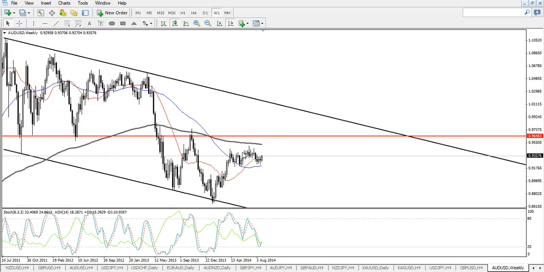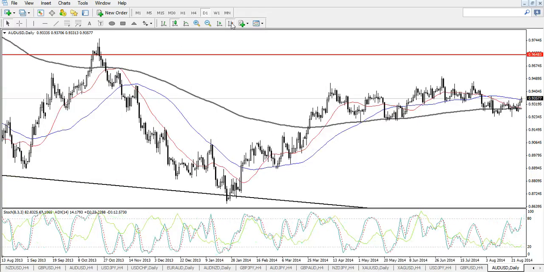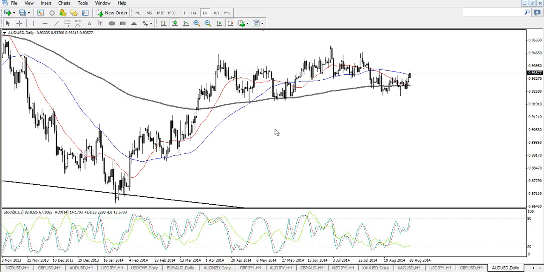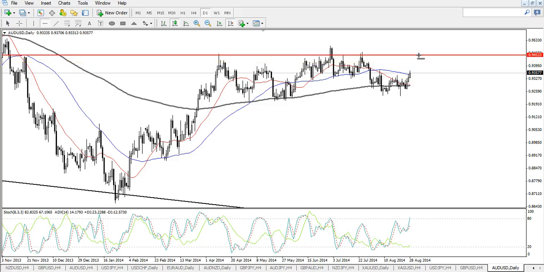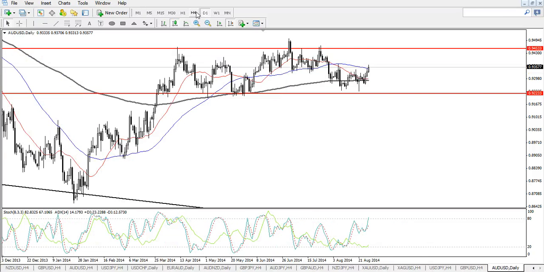So what's happening right now at this region is it looks like a range to me. So let us zoom into the day 1 chart. Right, yes, we can see that this level has been a range.